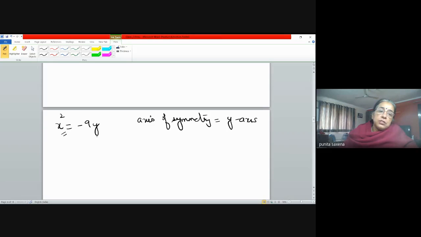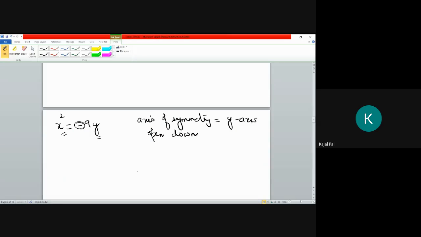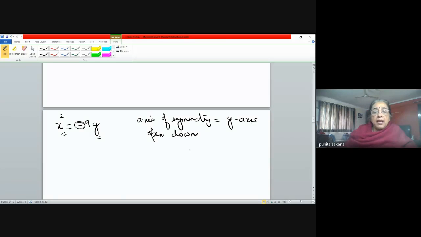And because the coefficient of y is negative, that means your parabola is going to open down. ठीक है, तो एक तरह से हमारा negative y-axis is the axis of symmetry now because it is going to open down. So जैसे हमने पहले किया था, अब ये minus का हमारे पास और कोई रोल नहीं है, right? Now what do we have to see?